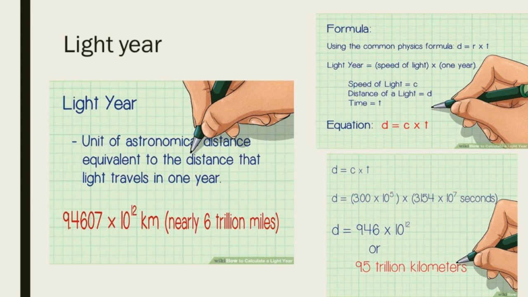So by substituting these 2 values, we will get the answer 9.46 into 10 to the power of 15 meter, or 946 into 10 to the power of 12 meter, or 95 trillion kilometer.